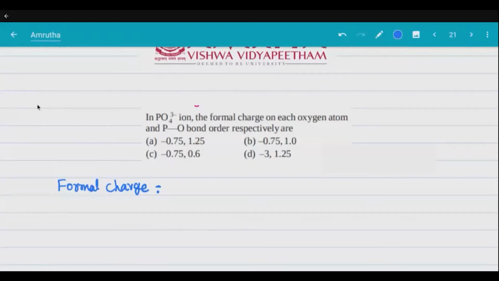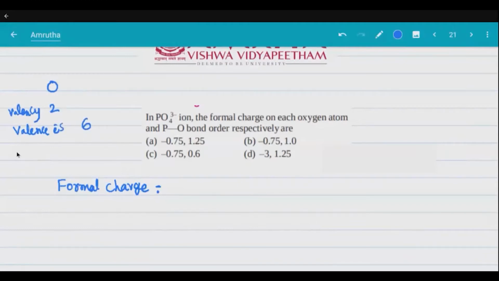So that can be easily calculated, because suppose oxygen valency is how much? Valency I'm talking about. Valency is 2. Valence electrons are 6. Correct?